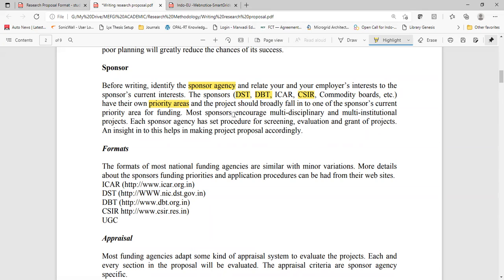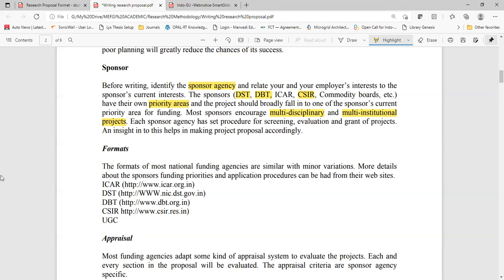So most of the sponsors encourage multidisciplinary and multi-institutional projects. What do you mean by multi-institutional? It is very much clear that a single person from a single laboratory may not be able to complete a large project. One of the professors of IIT cannot say, okay, I can handle everything on my own.